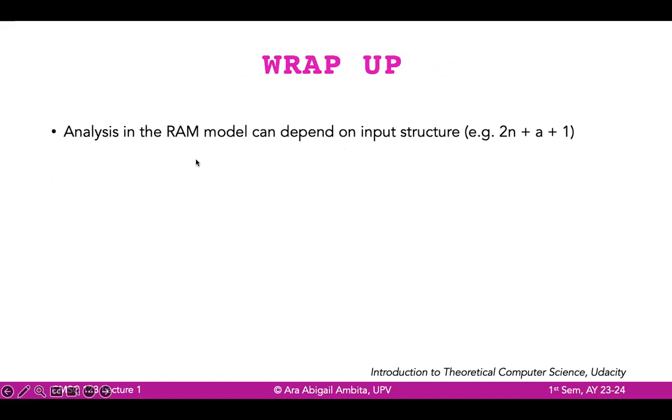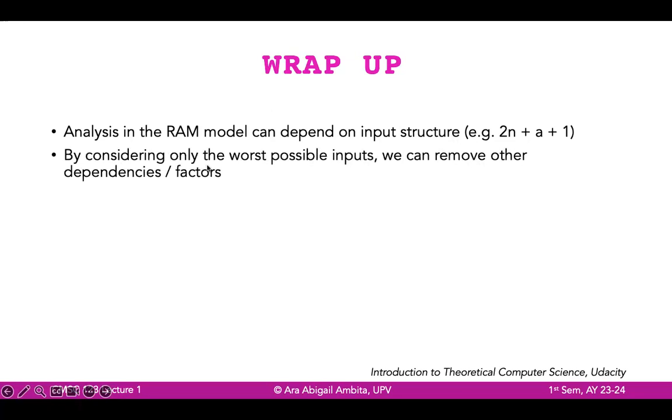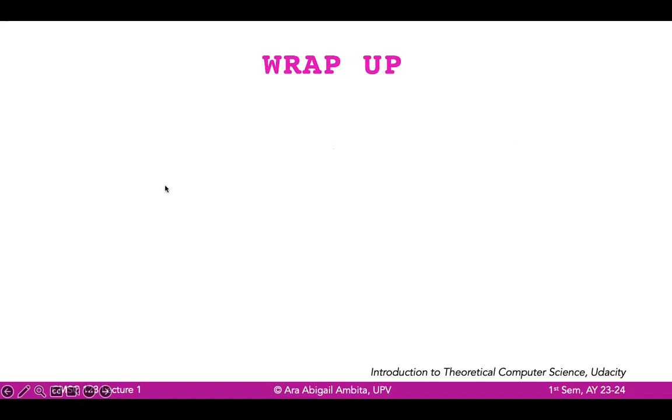All right. So to wrap it up, the analysis on the RAM model can also depend on the structure of the input itself, not the pseudocode, but of the input. And by considering only the worst possible inputs, we can remove other dependencies or factors.